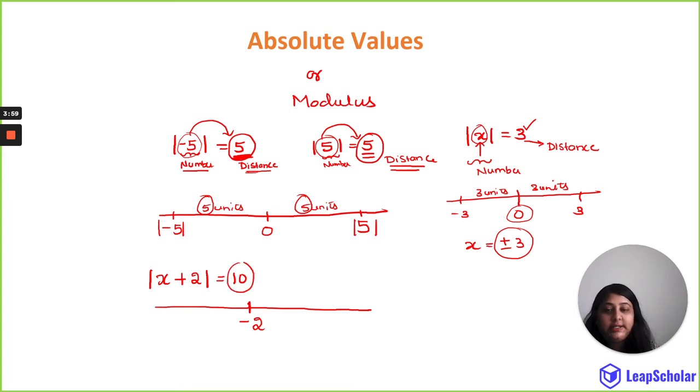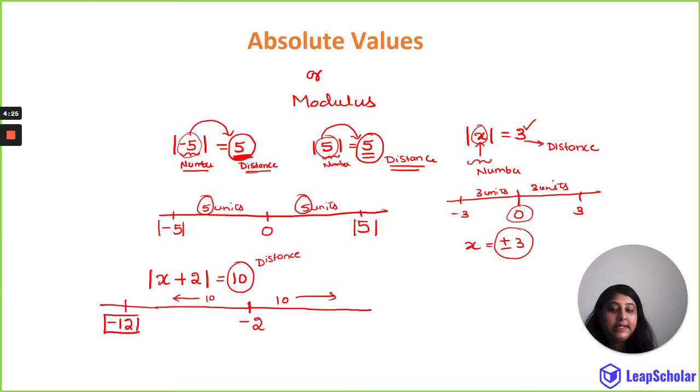This is the distance. So the number which is 10 units away from minus 2 is what you need to find. 10 units can be on this side or on this side. On this side, 10 units away, the number is minus 12, so x can be minus 12.